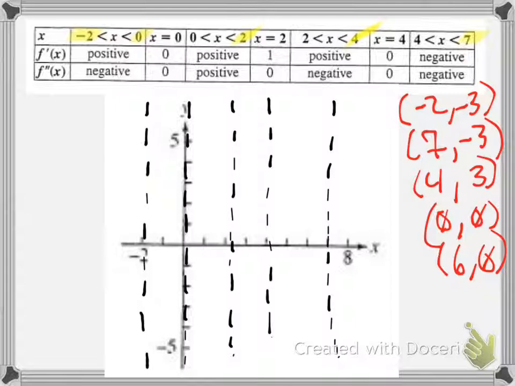Pick a different color. So I need to put a point at -2, -3. I also need to put a point at 0, 0. Let's see, I also need to put a point at 6, 0. I also need a point at 4, 3.